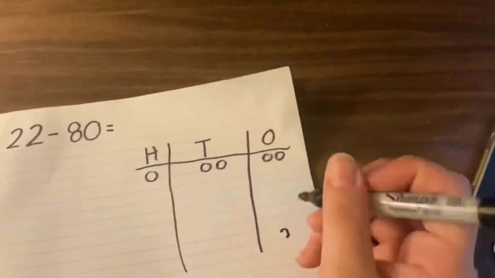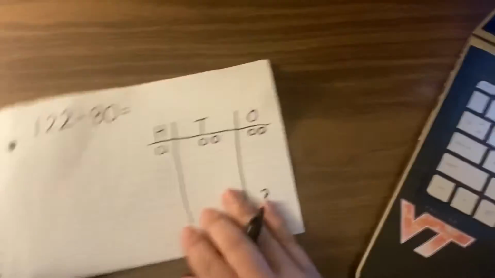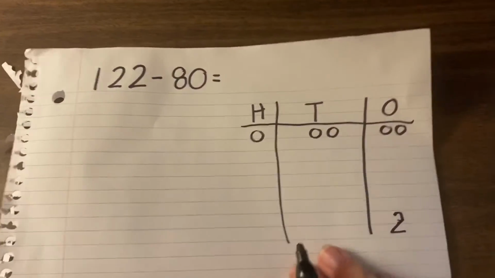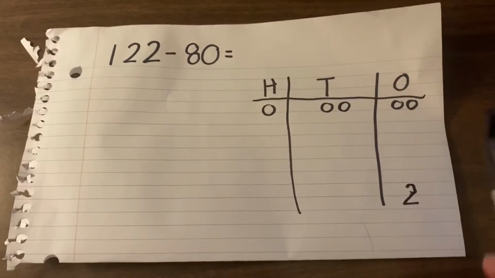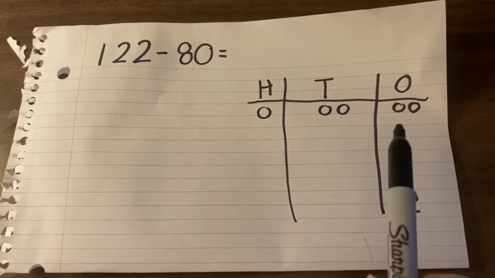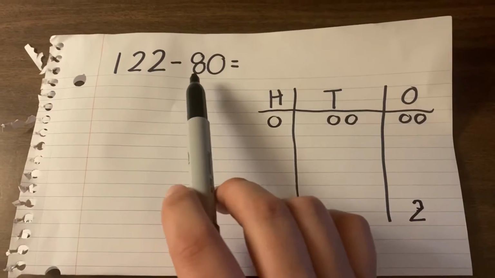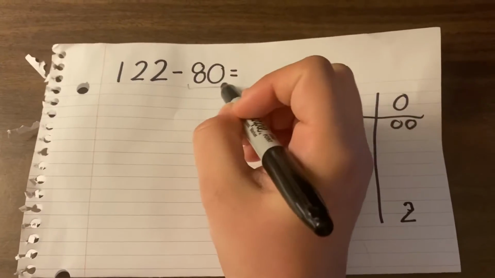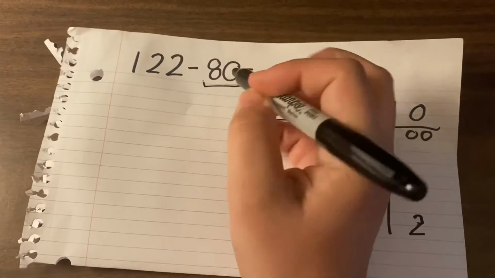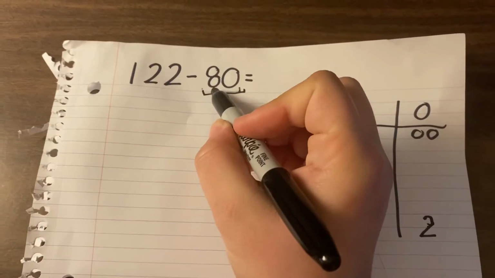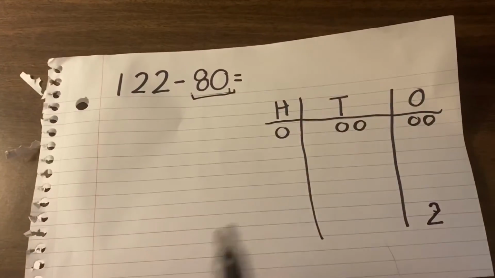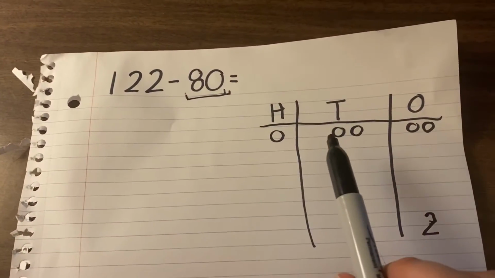A little hard to write today. There we go, 2. Okay, so now we have to subtract our tens, right? We're going ones, tens, hundreds. So the number here we're subtracting, the tens, how many tens are we subtracting? 8, 8 tens. How many tens do we have?